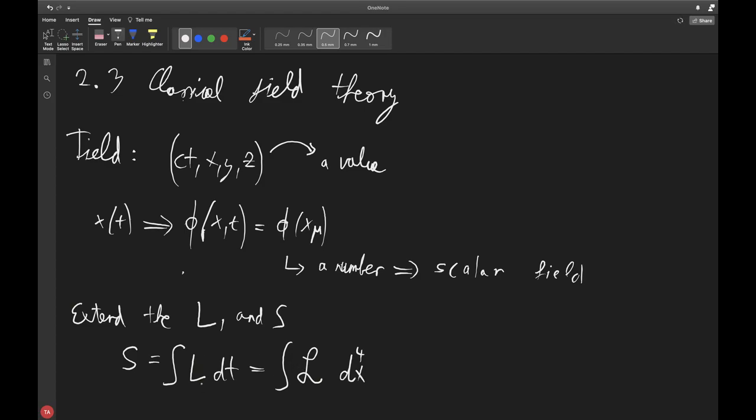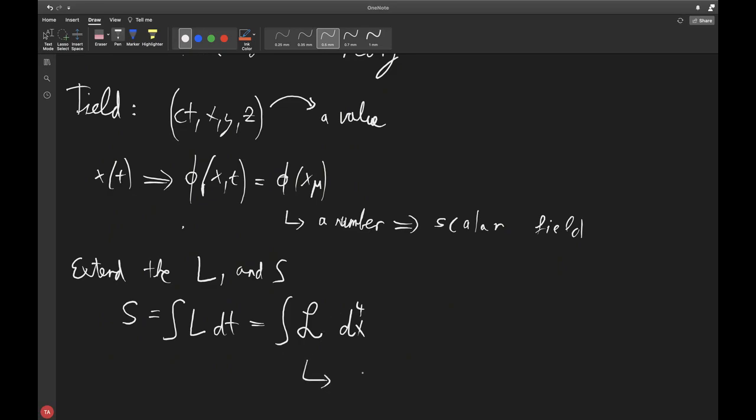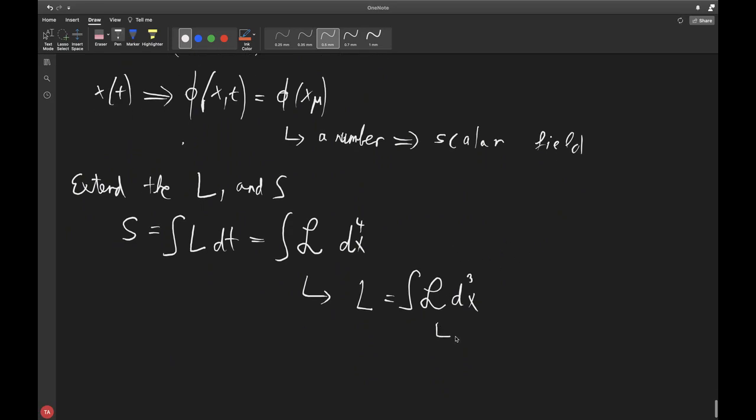So we moved from the L to this curly L. The definition of the curly L is that we get back the L if we do a 3-dimensional integral over the curly L. So the curly L is actually called the Lagrangian density, while the L is the Lagrange function, or just the Lagrangian function.